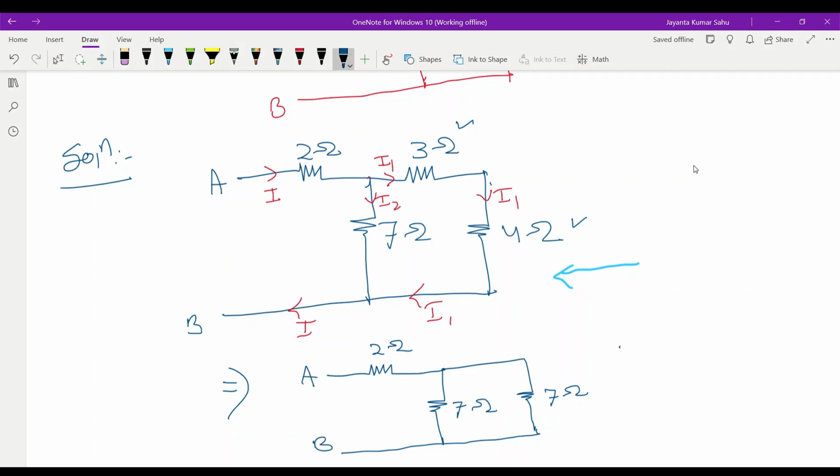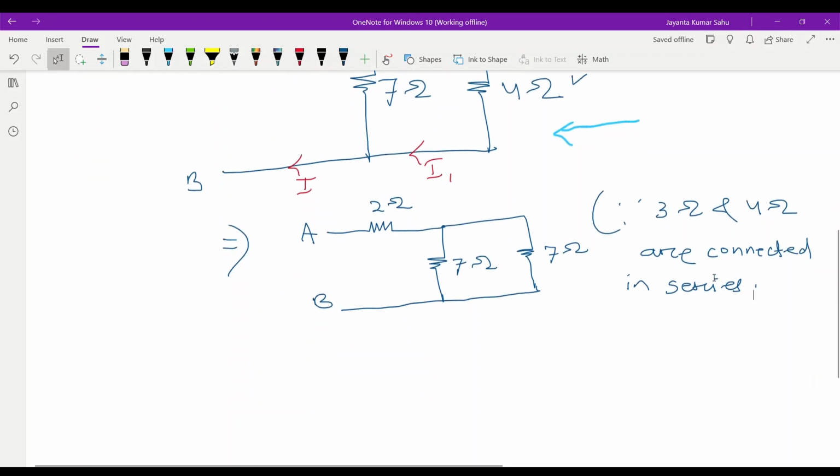Here 3 ohm and 4 ohm are connected in series, hence R equivalent is equal to 3 plus 4, equal to 7 ohm.